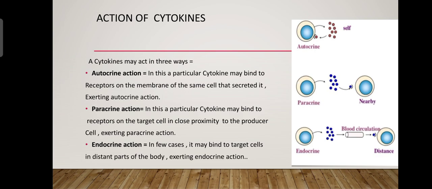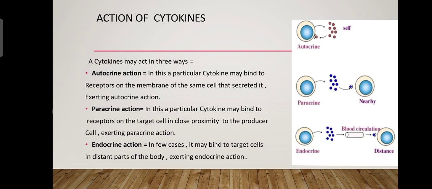In this action, a particular cytokine may bind to receptors present on the membrane of the same cell through which it gets secreted or produced. When the cytokine acts on the same cell which is producing it, it is known as autocrine action. Our second one is paracrine action.